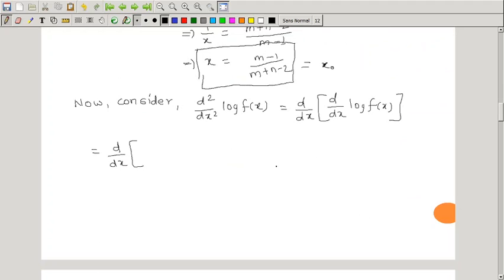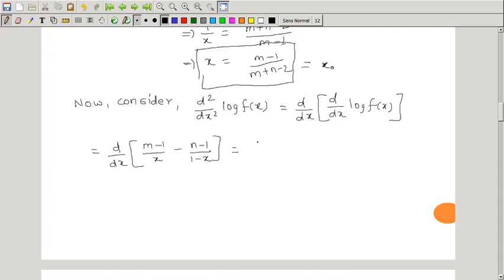So I'll just put here this term: (m - 1) upon x minus (n - 1) upon (1 - x).